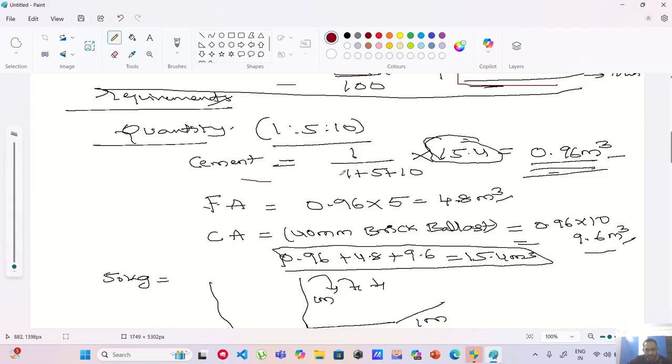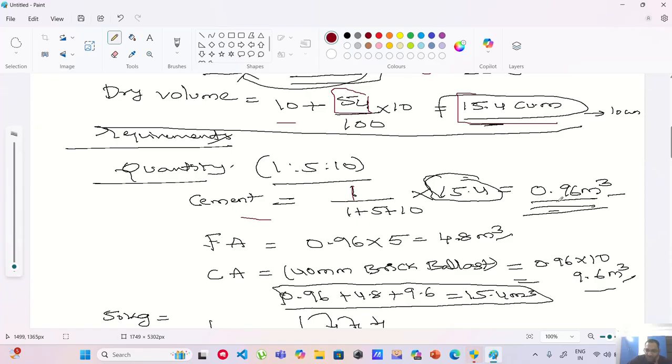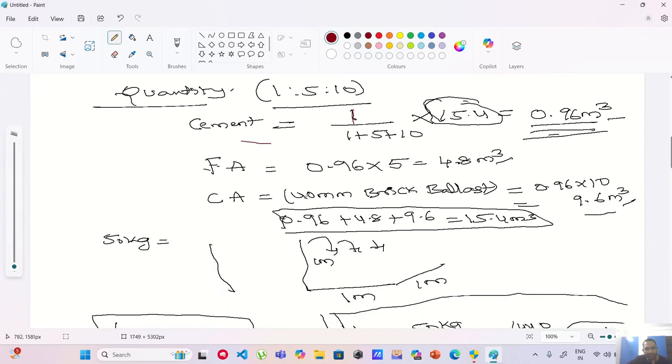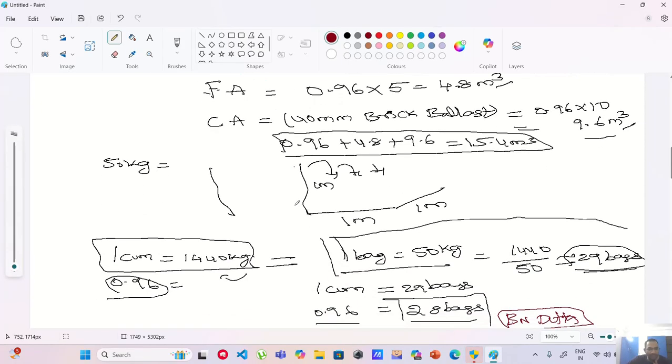So just calculate the cement, and the remaining are very easy. Cement is 1 divided by the sum of the 3 mix proportions, cement, fine and coarse, multiplied by the quantity, and cement will be equal to 0.96 cubic meter. Fine aggregate, when you multiply by 5, you get this, and when you multiply by 10, 9.6 will come.